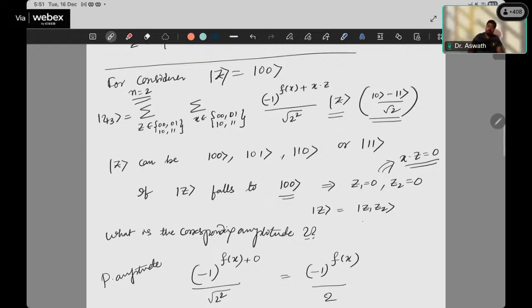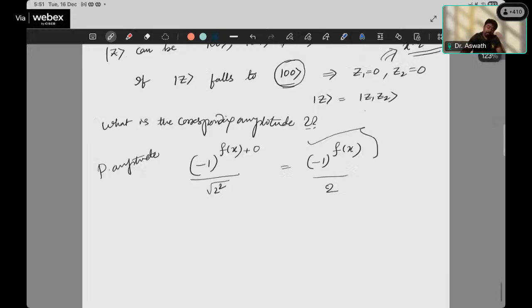Now, whether we get 00 as an output in the query is dictated by this probability amplitude. If this probability amplitude is 1, I'll get 00. If this probability amplitude is 0, I'll not get |00⟩.